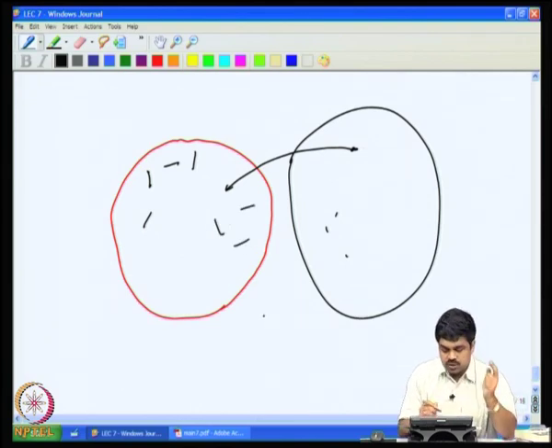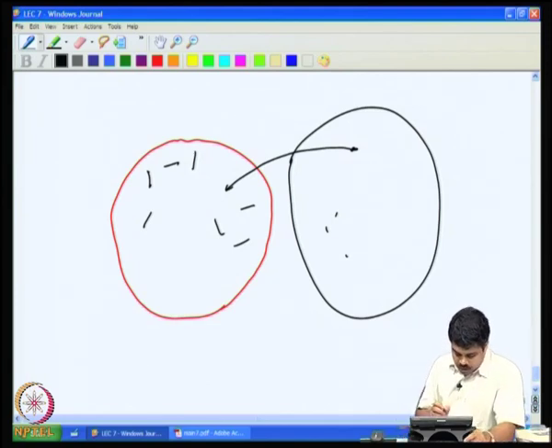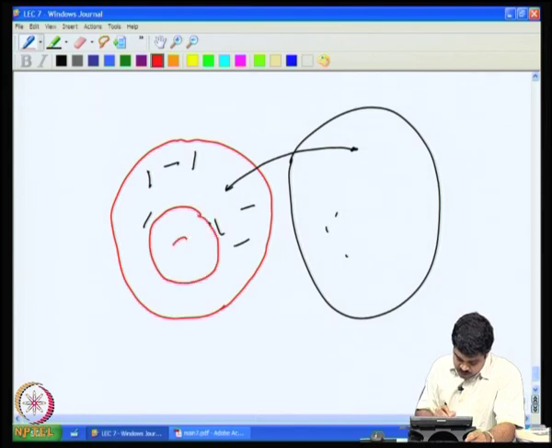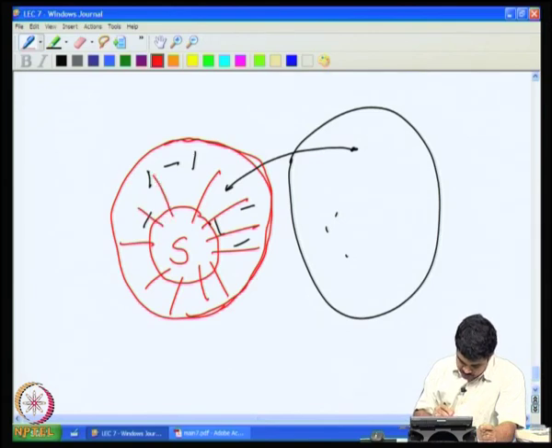Now, what we do is we will look for some maximal independent set here. Let us say this is the maximal independent set, and this will be called S. What is the meaning of this? In this induced subgraph, S is a maximal independent set, so it is a dominating set of this part.